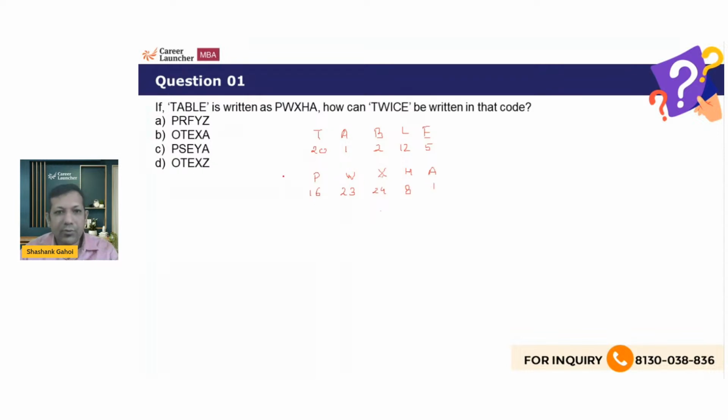Okay. Now, what can we see? It can be written as -4. This is again -4, 4 letters before it. It is again -4, 4 letters before it. So everything is going 4 letters back.